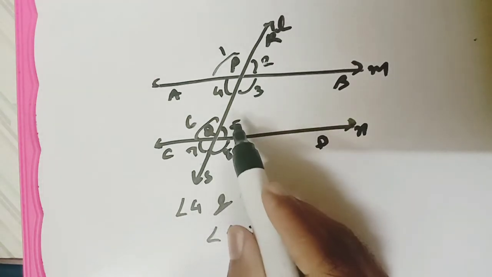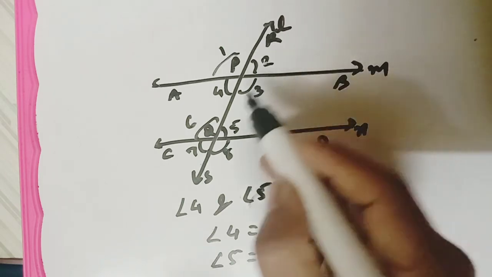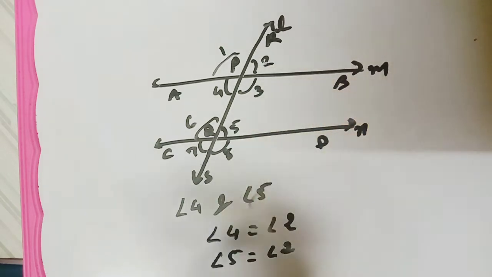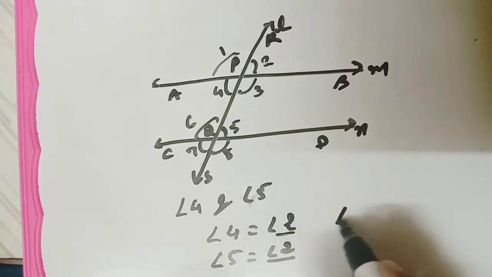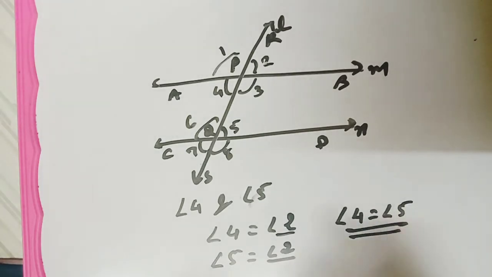And angle 5 also equals angle 2, because they are corresponding angles for two parallel lines. So we can write that angle 4 equals angle 5, and so the two alternate angles are equal.